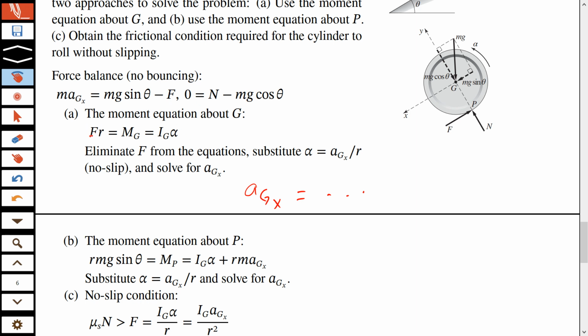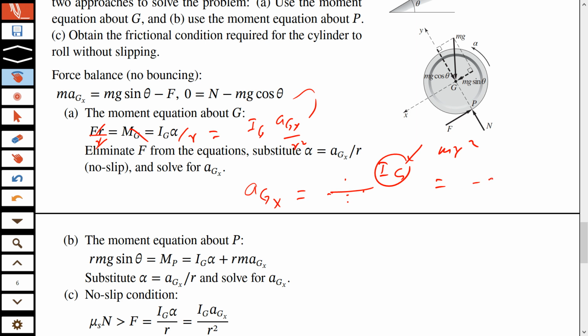You will divide both sides by r, so r will cancel out, and it will be alpha divided by r, and that will be Ig alpha is Agx over r squared, and you plug this there and you will have some very interesting expression for Agx. और उस एक्सप्रेशन में Ig जहां पे भी आता है उसकी जगह आप रिप्लेस कर दे mr squared, not mr squared by 2 but mr squared, and then you are done.